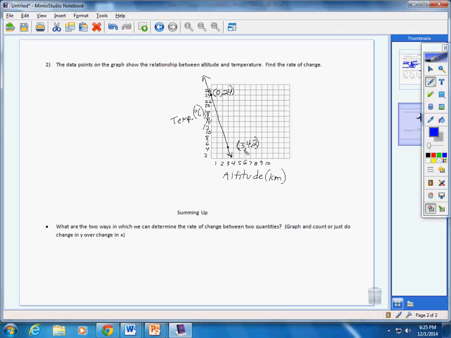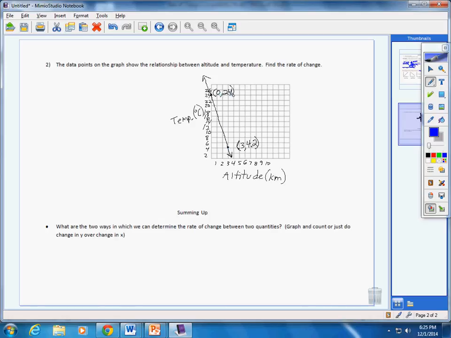So (3, 4.2) might mean, as you hopefully would have guessed, that if you're 3 kilometers above sea level, it might only be 4.2 degrees Celsius.